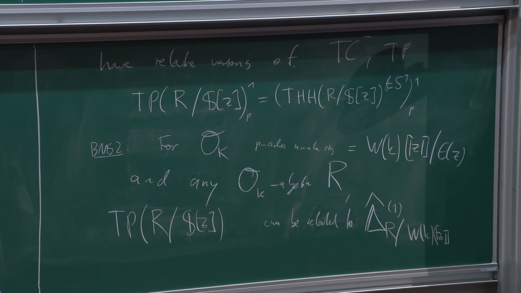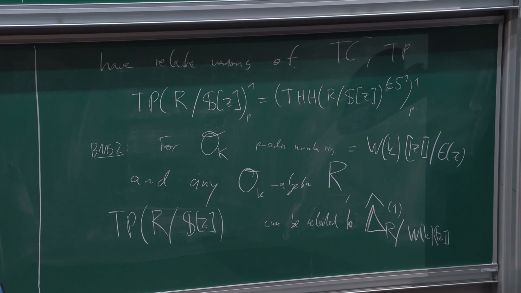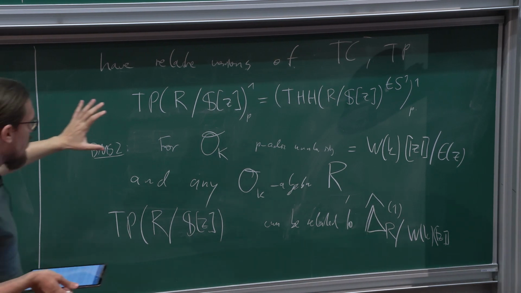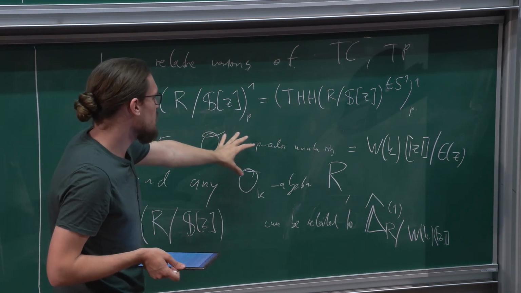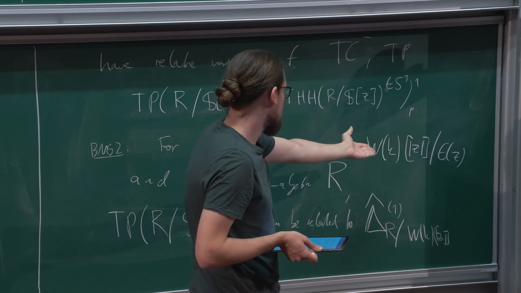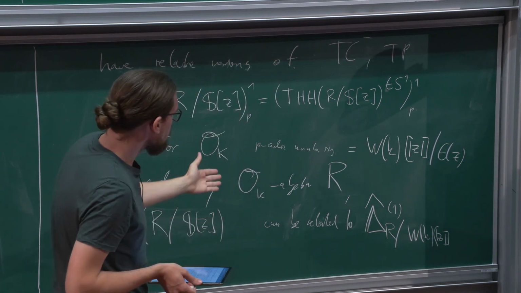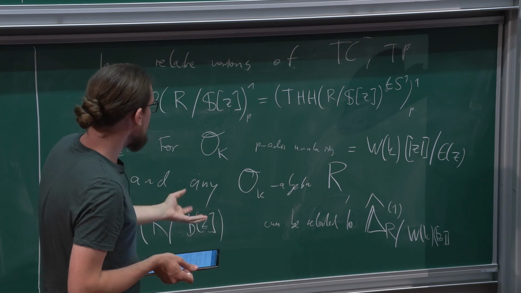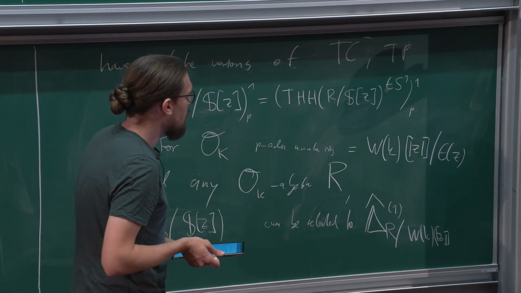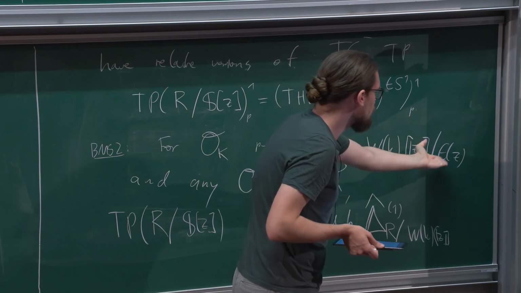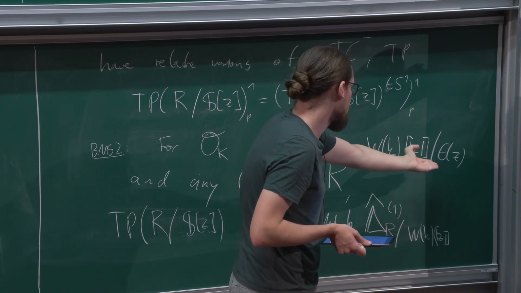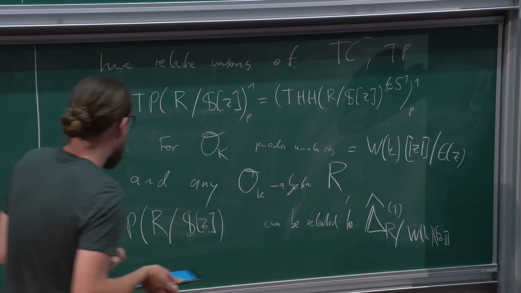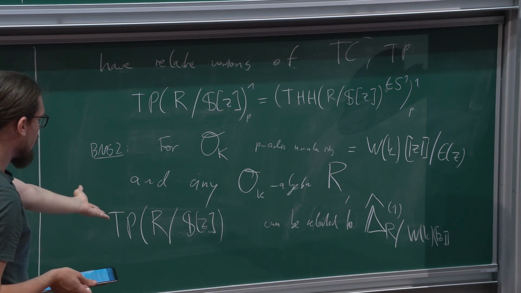But what I want you to observe is here we had to choose somehow an Eisenstein polynomial, right? For this statement, we need to talk about an O_K-algebra R. So we need to choose this ring O_K, and in particular, we need to choose some Eisenstein polynomial. And TP just doesn't care, right?